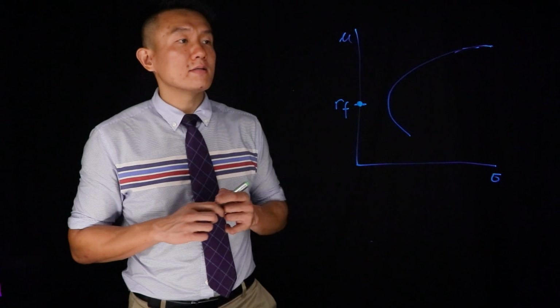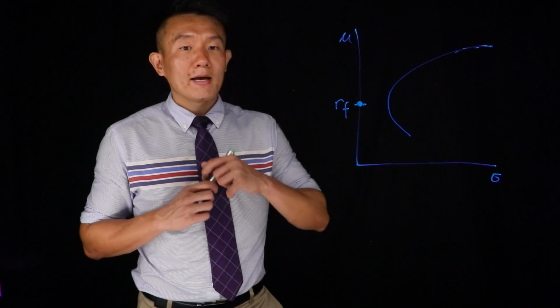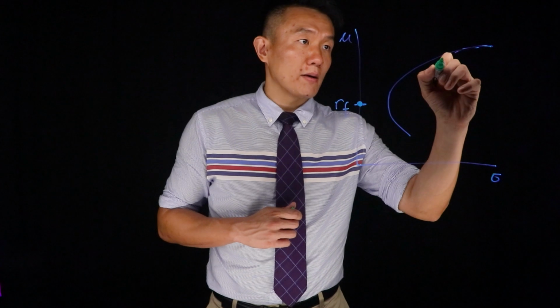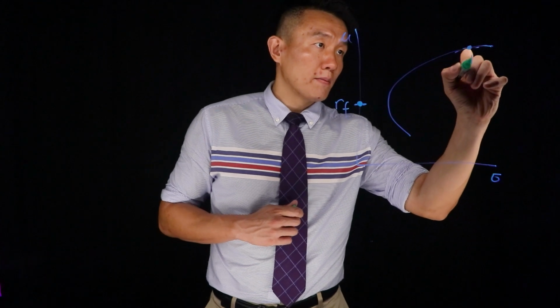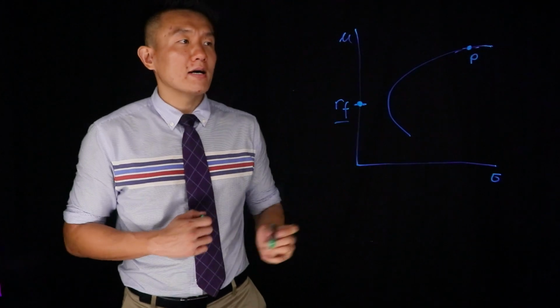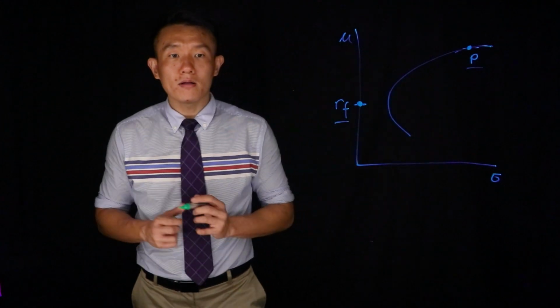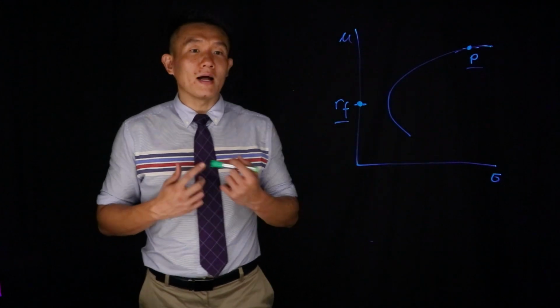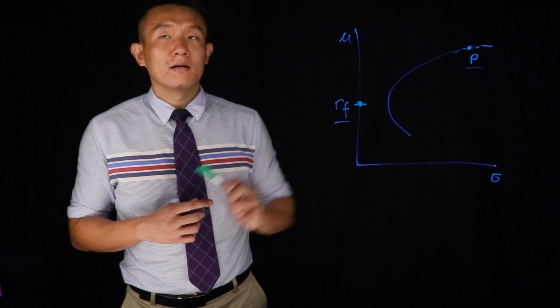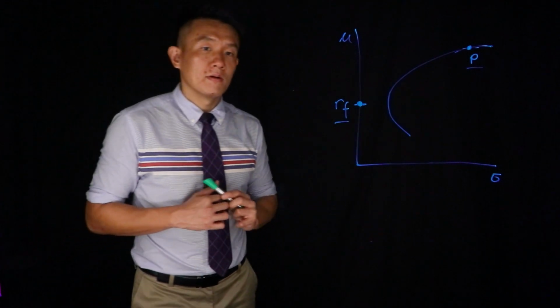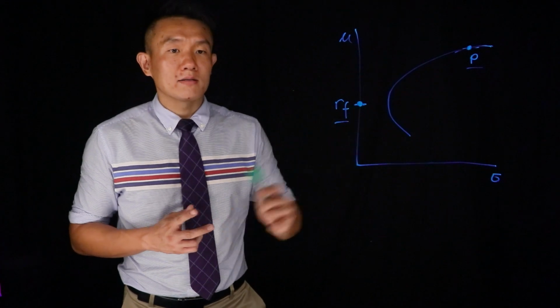Why? Well, because if I pick any stock portfolio, let's say I pick this one, so I have a risk-free asset and a stock portfolio. Well, that means that I can take a combination of the risk-free asset and the stock portfolio.